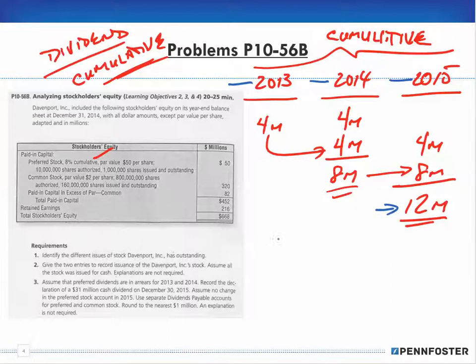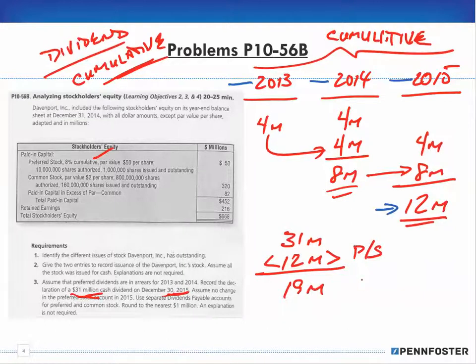So if the dividend is $31 million, it says right there, $31 million at the end of 2015, then the first 12 million goes to the preferred shareholders, and the remaining 19 million is what would go to the common stock shareholders, right?